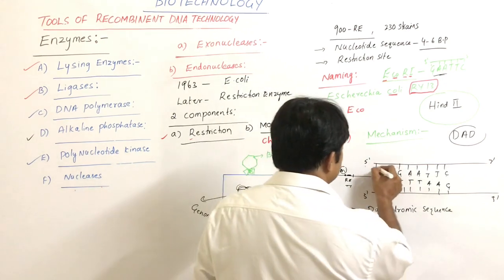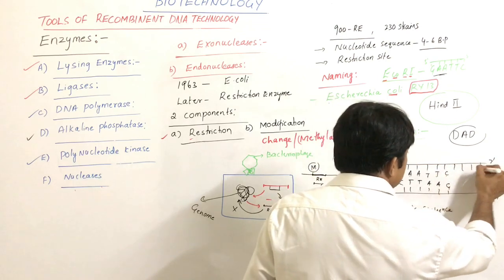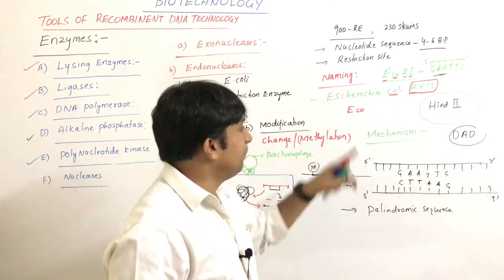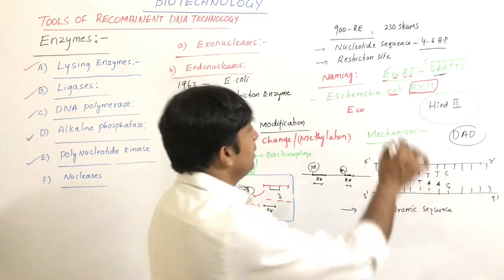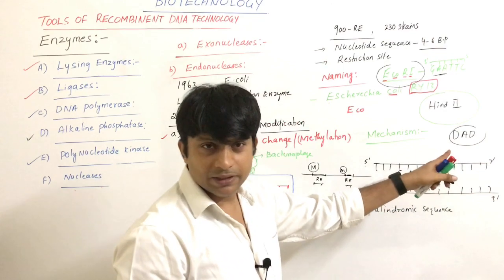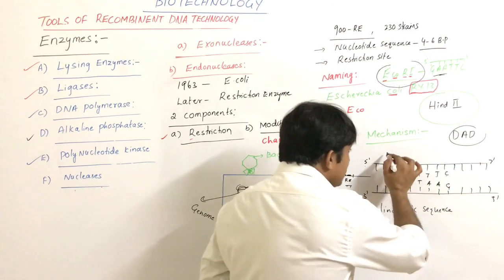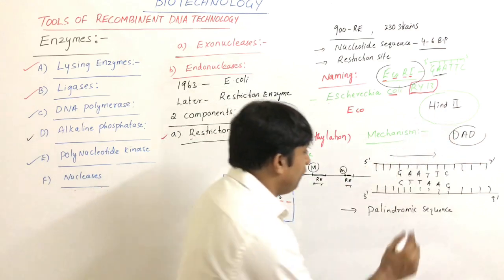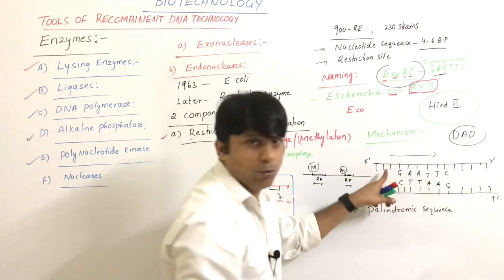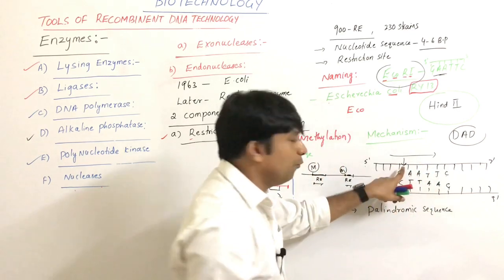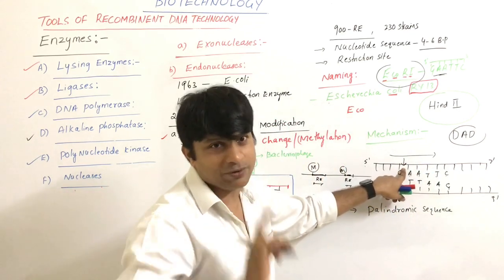These are all base sequences. Suppose I employ an enzyme called EcoR1 to cleave. EcoR1 inspects this entire DNA strand, and when it finds its specific base sequence, it will make a cut on one strand.